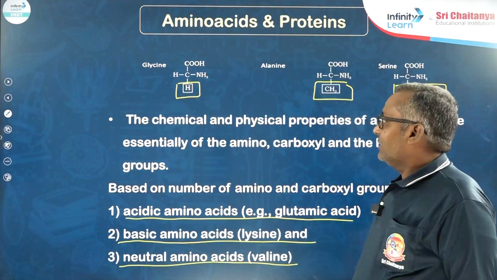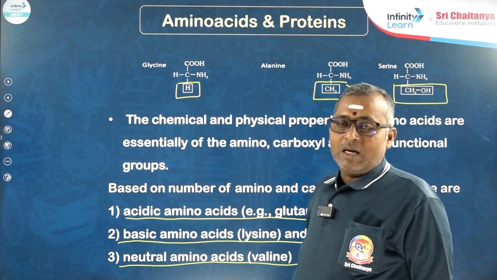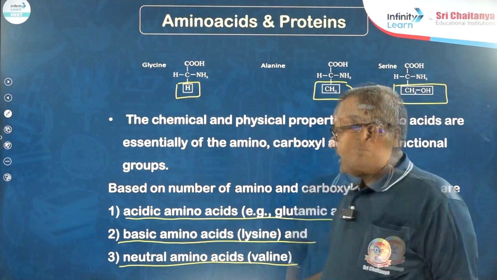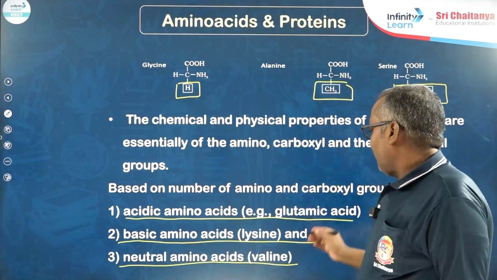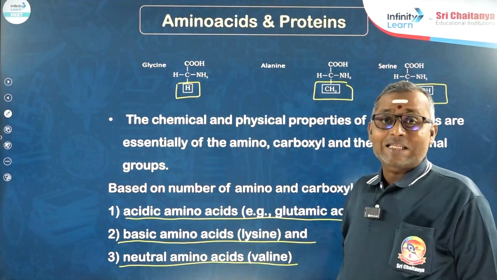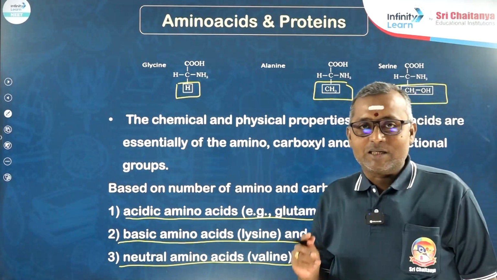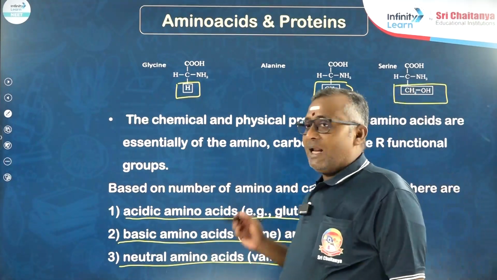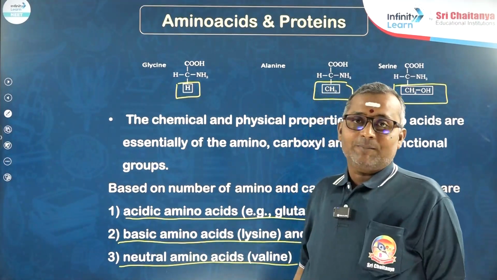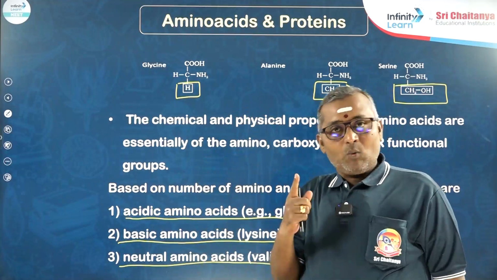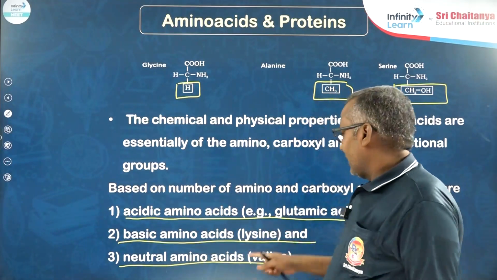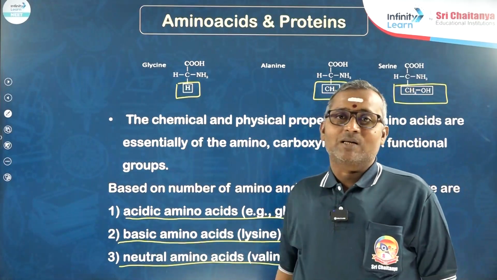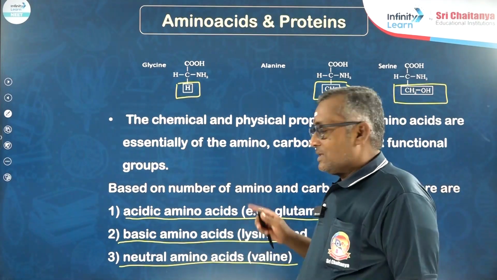An acidic amino acid is an amino acid with 2 carboxylic groups and 1 amino group. The best examples are glutamic acid and aspartic acid. Basic amino acids are those with 2 amino groups and 1 carboxylic group. Examples: lysine and arginine.